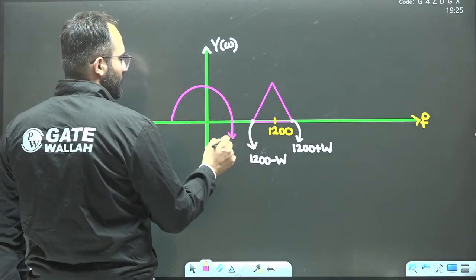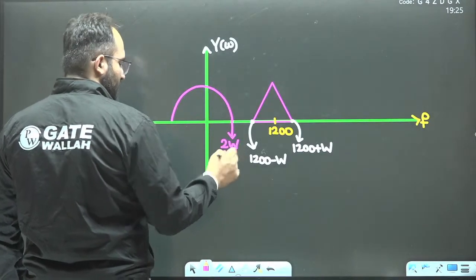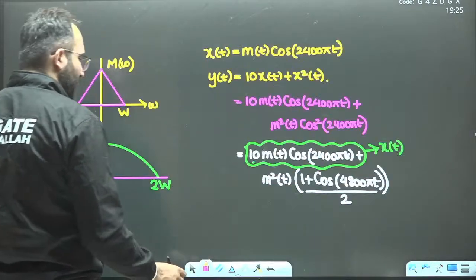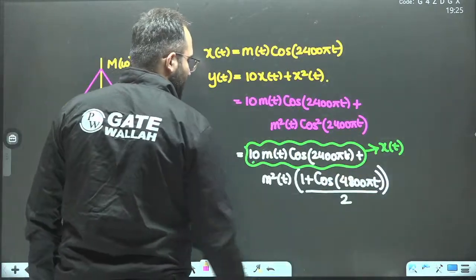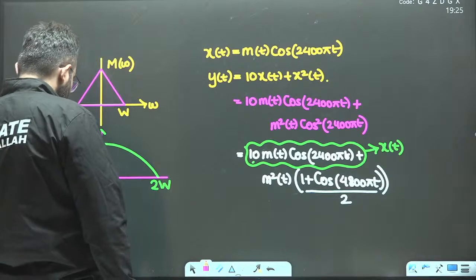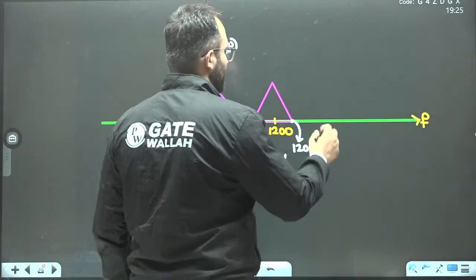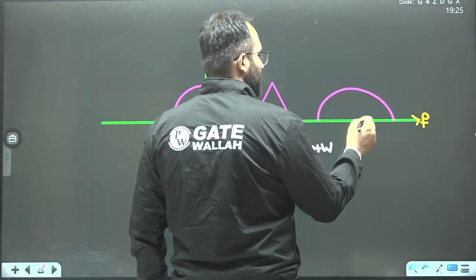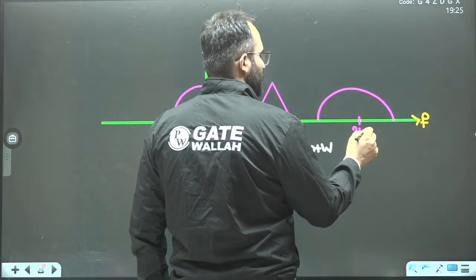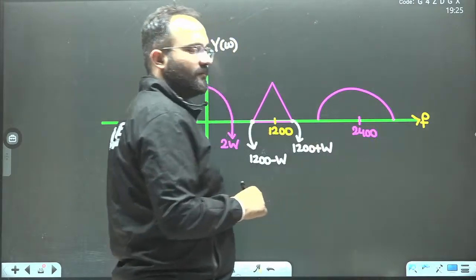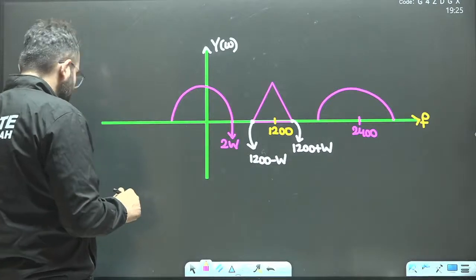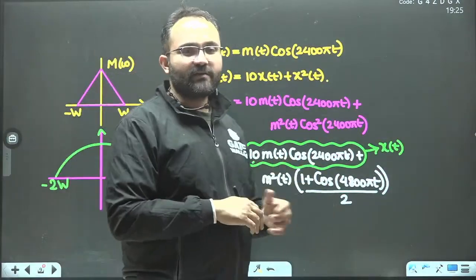This term will be 2W wide, right? And similarly, m square t will be multiplied by cos of 4800 pi t. So the m square Fourier transform will be present at 2400 Hertz also, because m square t is multiplied by cos of 4800 pi t.